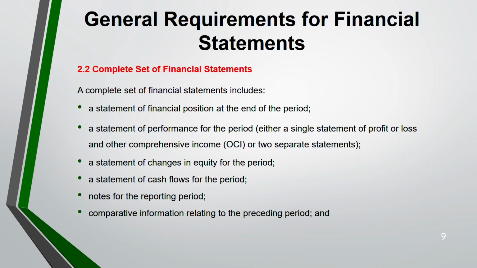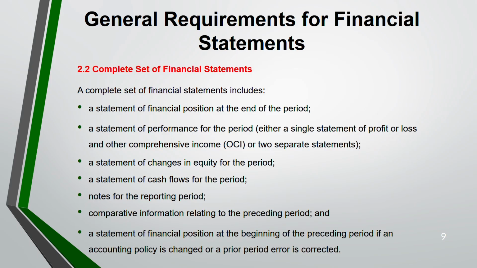And then, not only that, in order to compare, you need comparative information relating to the preceding period, the year before you have prepared your financial statements. For example, you are preparing financial statements for year end 31st December 2024. You need 31st December 2023 also, to compare.